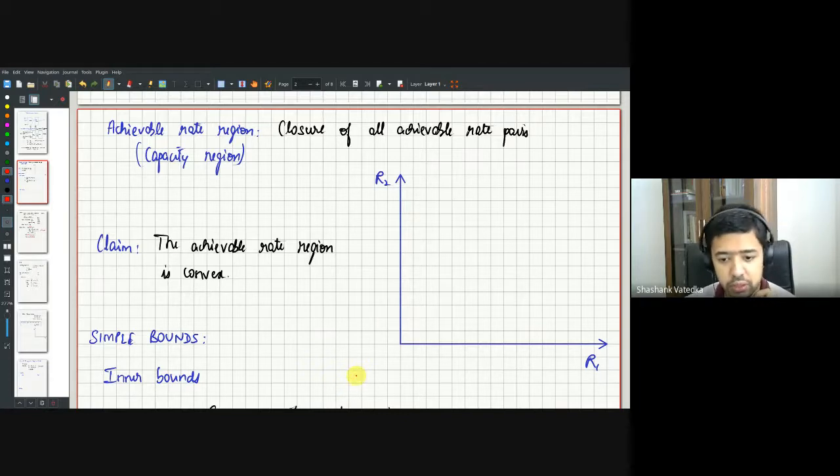So you know that you are given P of Y given X1, X2. So this is the channel, right? So in some sense, it should be the maximum of some mutual information. But what mutual information do you think this is going to be? Note that X1 is transmitting all the time, whereas user 2 is silent.